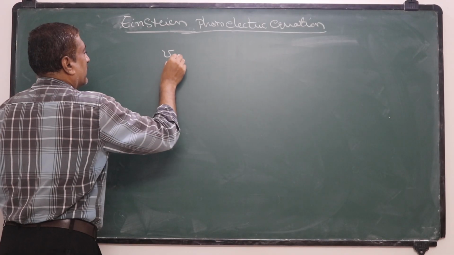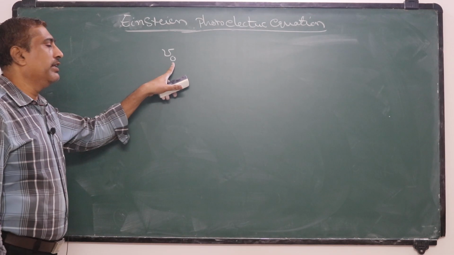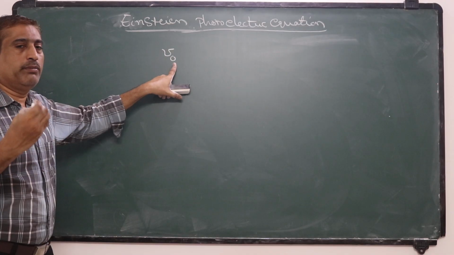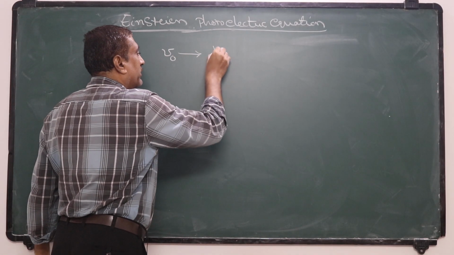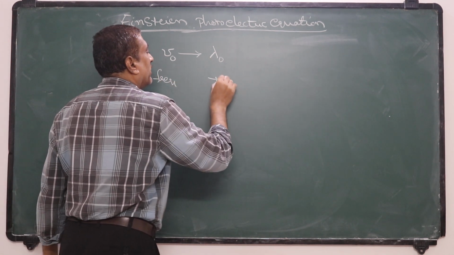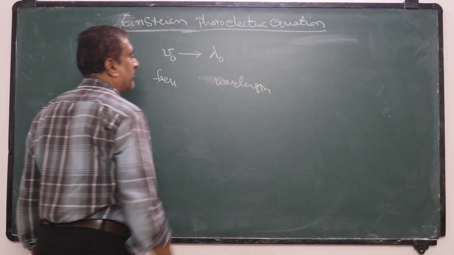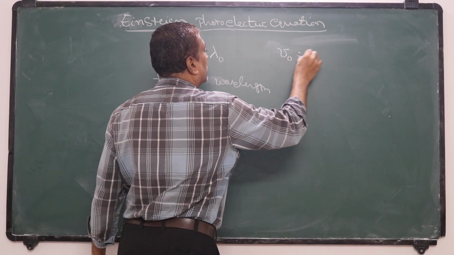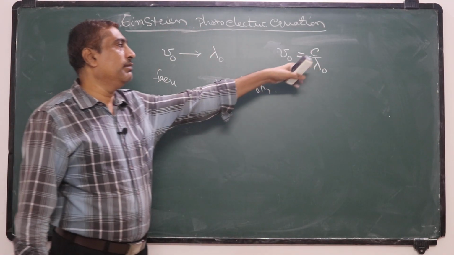We have discussed that ν0 is the threshold frequency, the minimum frequency required for the radiation to liberate an electron from the metal surface. The corresponding wavelength is called the threshold wavelength. As we know, frequency is equal to c by λ0.